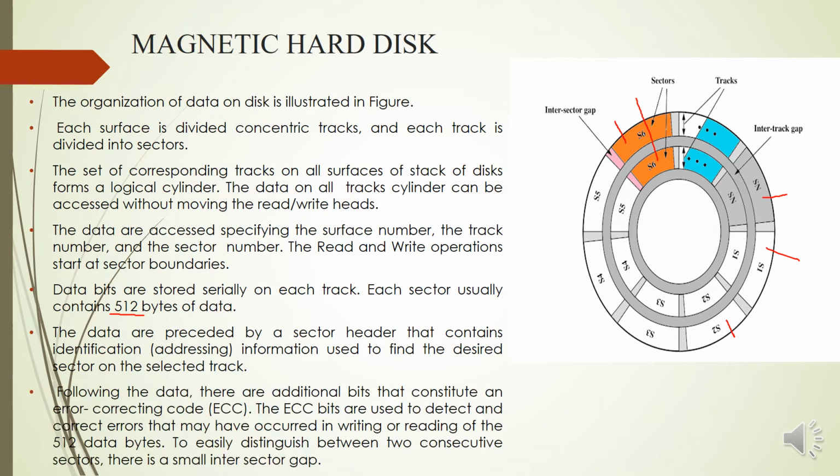Following the data, there are additional bits that constitute an error correcting code. The error correcting codes are used to detect and correct errors that may have occurred in writing or reading the 512 bytes of data. To easily distinguish between two consecutive sectors, there are small inter-sector gaps.